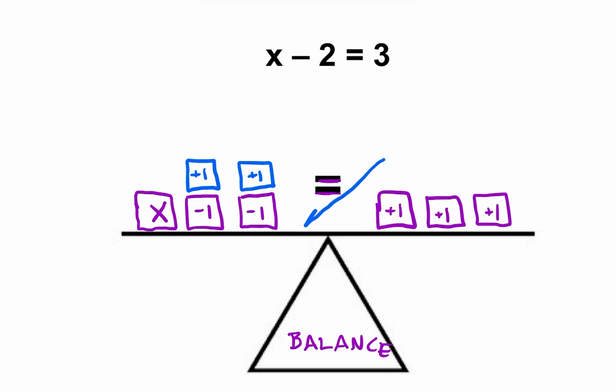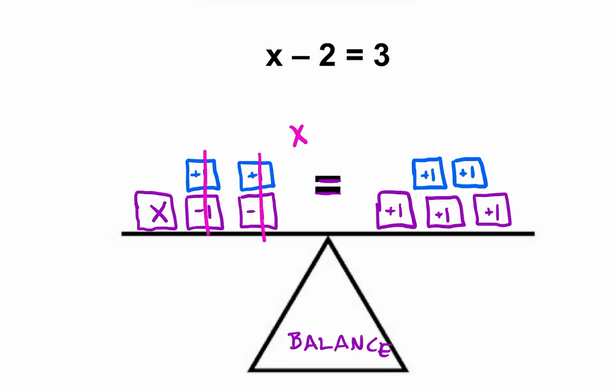Now my balance would be going down. So if I add 2 on this side, I need to add the same on this side. That way they're back in balance. They're still there, but they cancel.